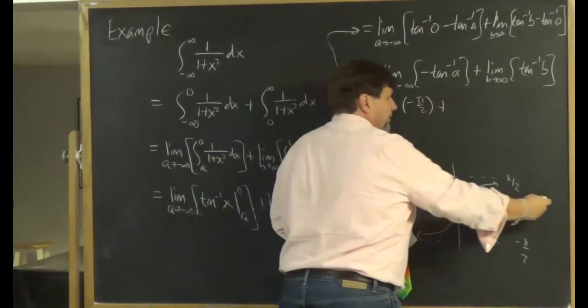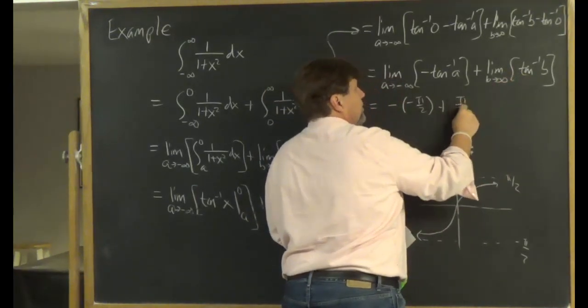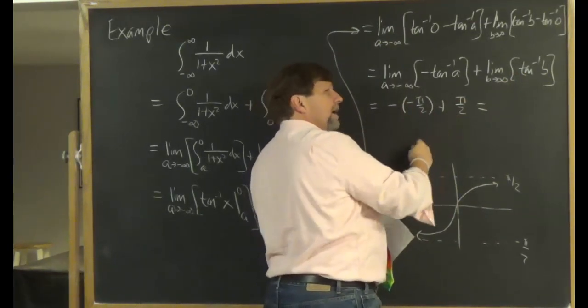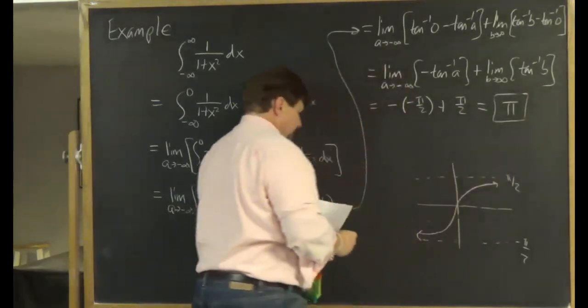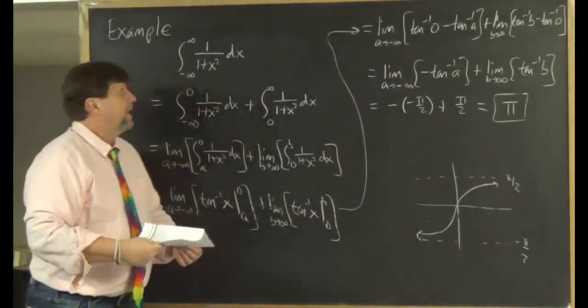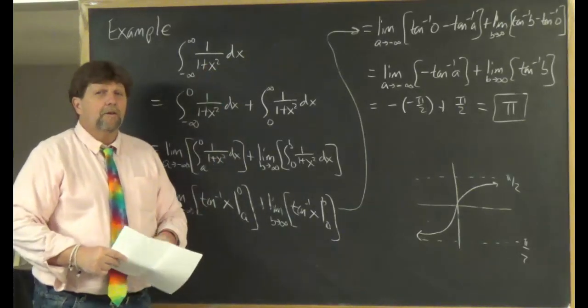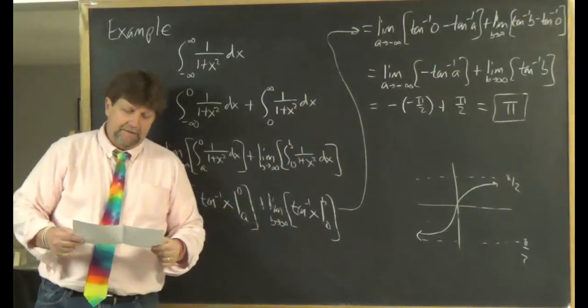As you go to infinity, this limit is pi over 2. So the opposite of negative pi over 2 plus pi over 2 gives you 2 pi over 2, or pi. So this improper integral converges, and it has a value of pi.